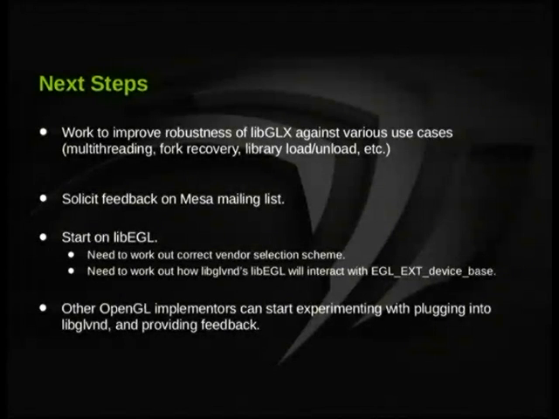So one of Brian's next pieces is going to be the libEGL piece. And as we'll see in my next talk, there's probably some more things in EGL that will need to be in the vendor neutral library that span across any individual vendor. And we'll talk about the EGL device extensions later. And I think it's far enough along for other people to start experimenting with.